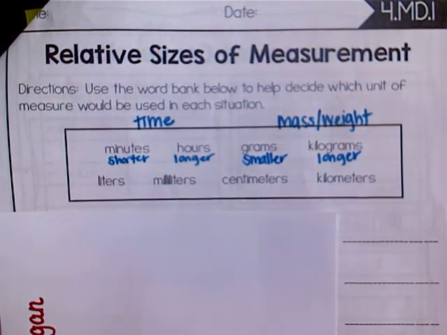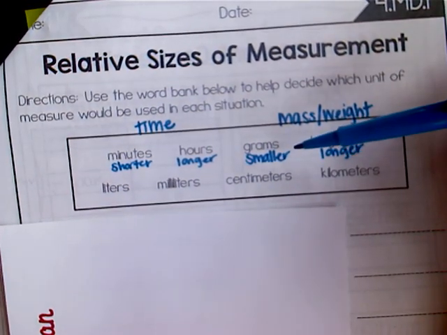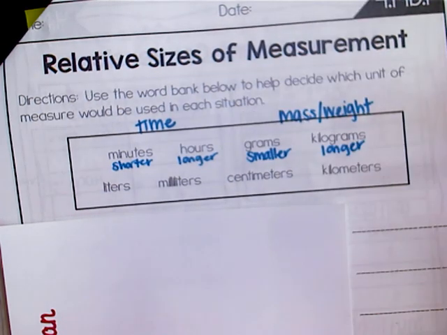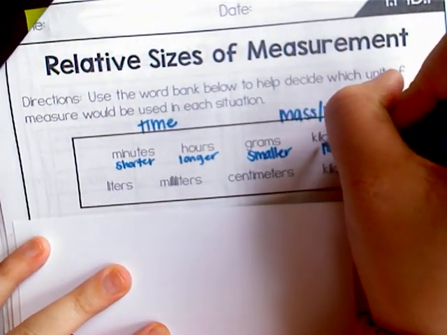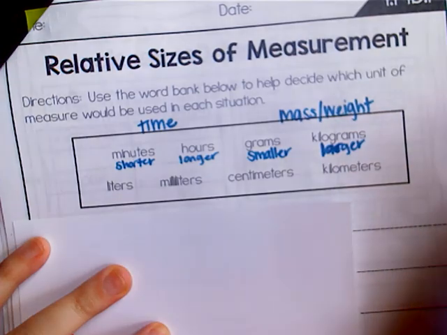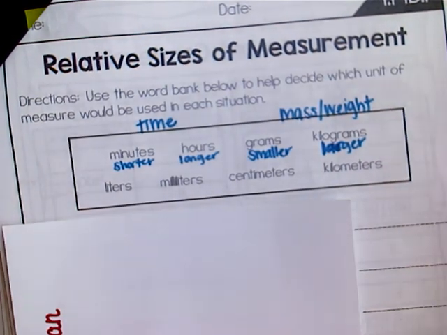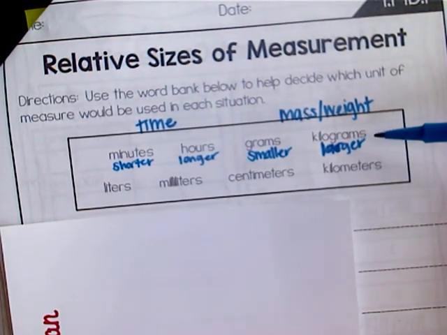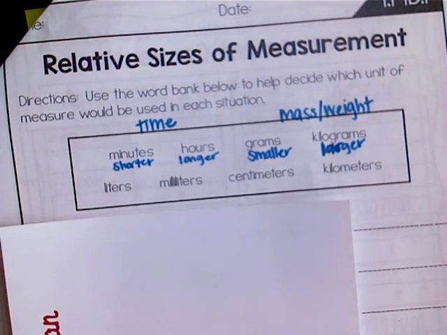So you would measure a smaller object in grams, and kilograms would be larger. Larger, not longer, I should say larger. You would measure your larger units in kilograms. So for example, if I wanted to measure a dollar bill or a Post-it note or a paper clip, I would want to weigh my object in grams.